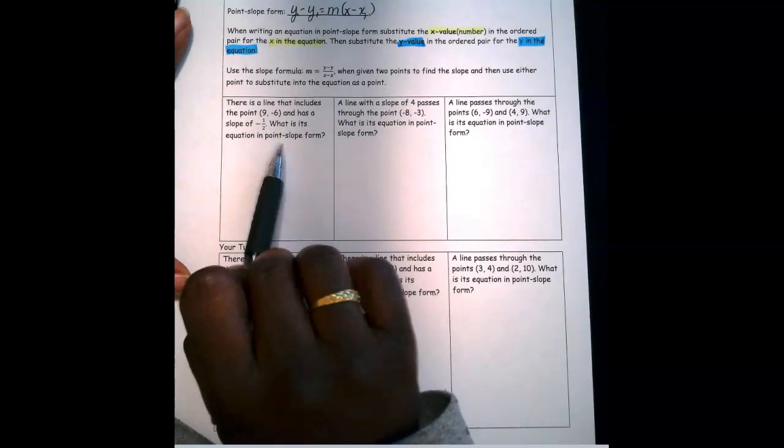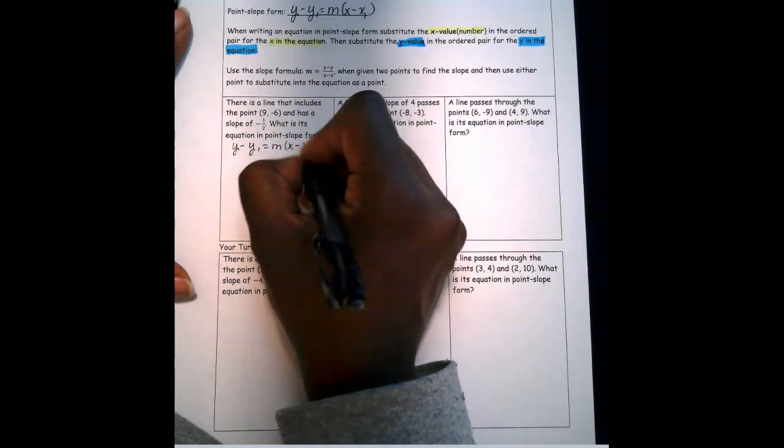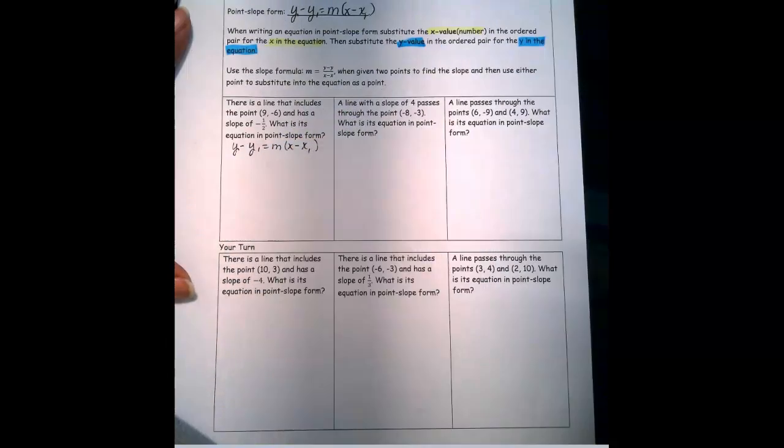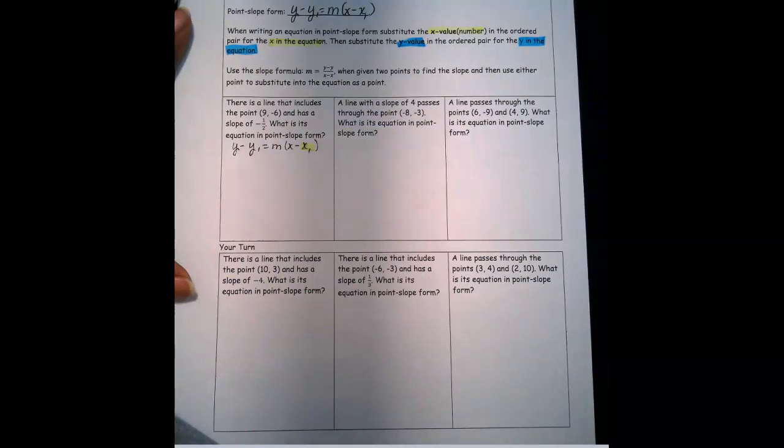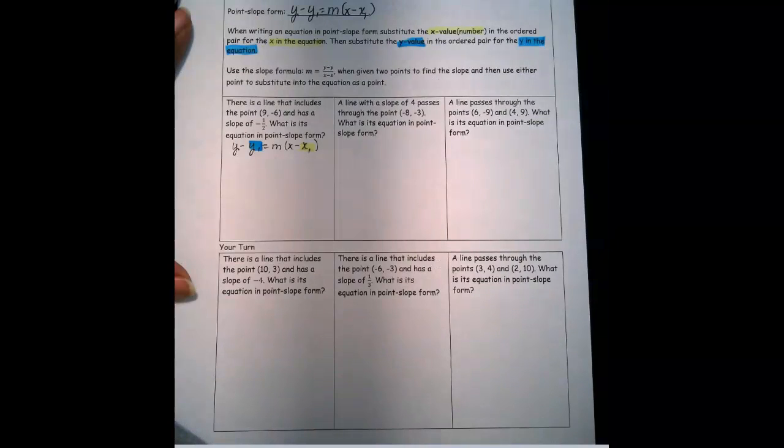So let's start here. There is a line that includes the point 9, negative 6, and has a slope of negative 1/2. What is its equation in point slope form? So remember again, point slope form is y minus y1 is equal to the slope times x minus x1, where we've got our x1 value and our y1 value, and those come from the ordered pair.